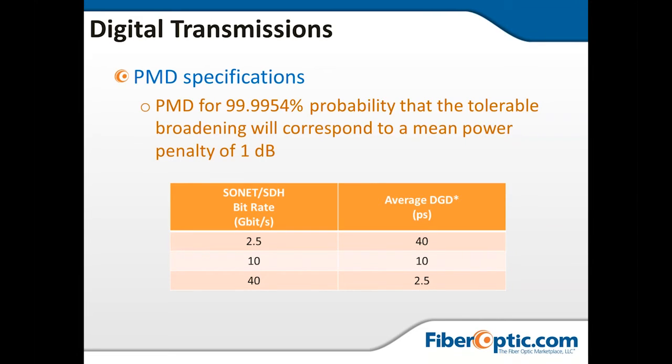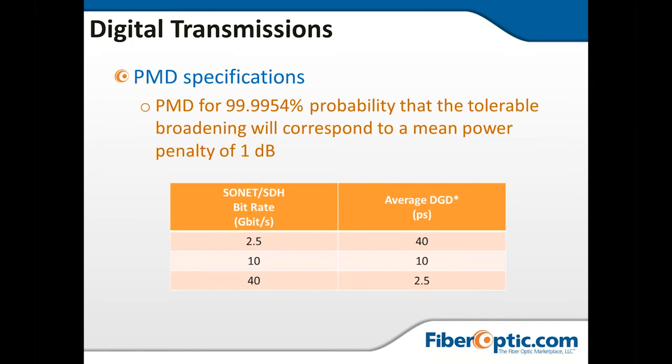At 40 gigabits, we can have 2.5 picoseconds. Again, how far that's going to get you is going to depend on the age of the cable and the fiber, when it was manufactured, how it was handled, whether it's underground or aerial, because aerial plant's going to have wind effects, which is going to change your PMD levels.